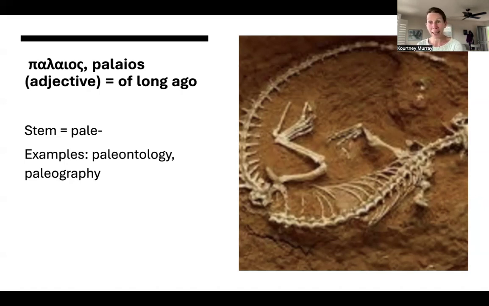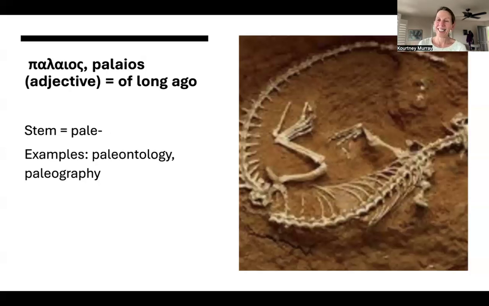Paleontology is essentially the same word, right? Study of old things. But we use paleontology now to primarily talk about the study of fossils. The thing is, fossils are usually much older than ruins, kind of depending, they're still just as old as ruins, but it's just a different field of study. And so that's just kind of the way it's come in.